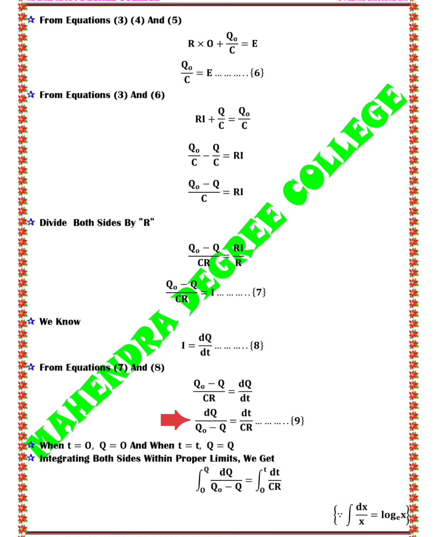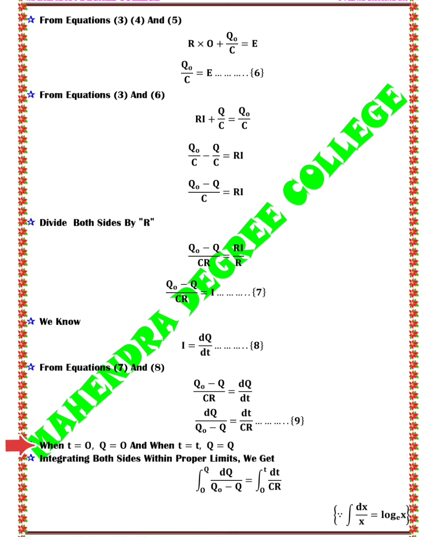where Q naught represents the maximum charge, Q represents the charge at time t, C represents the capacitance, R represents the resistance, and t represents the time. Next, we see the step-by-step integration.